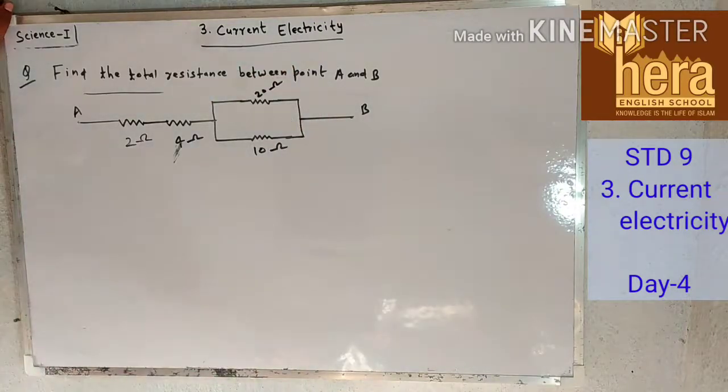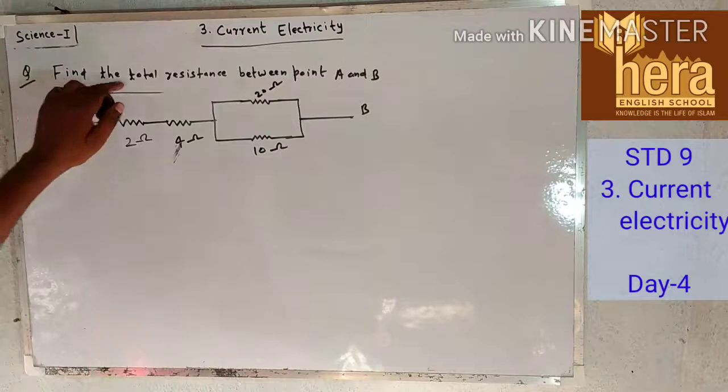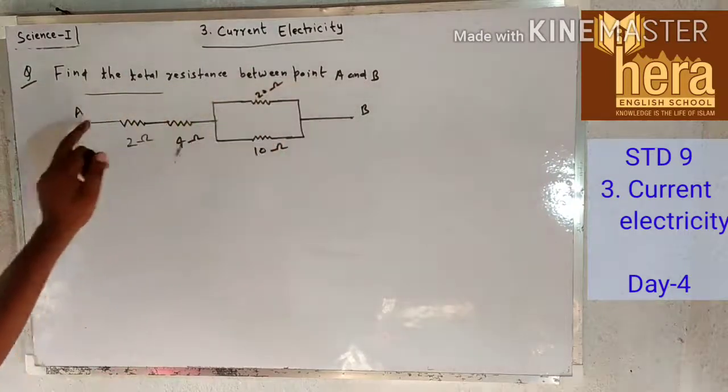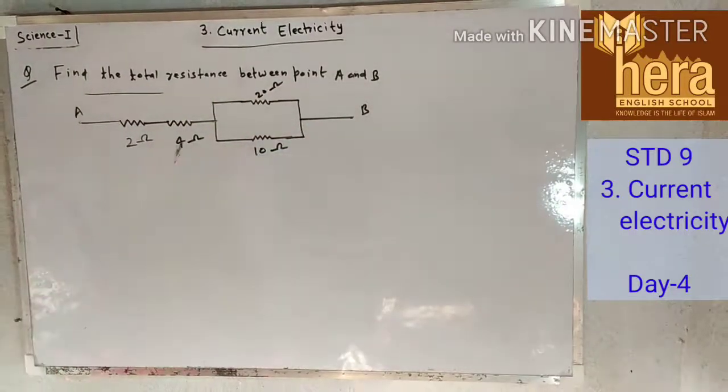So what you have to do, you have to find the total resistance between point A and B.